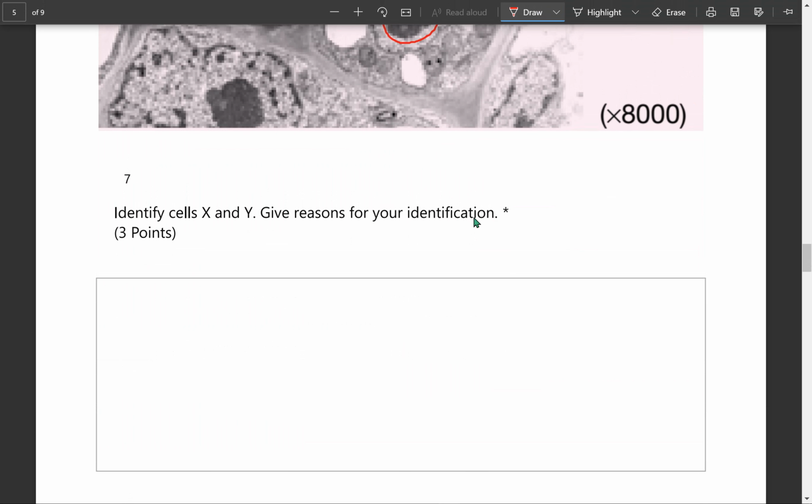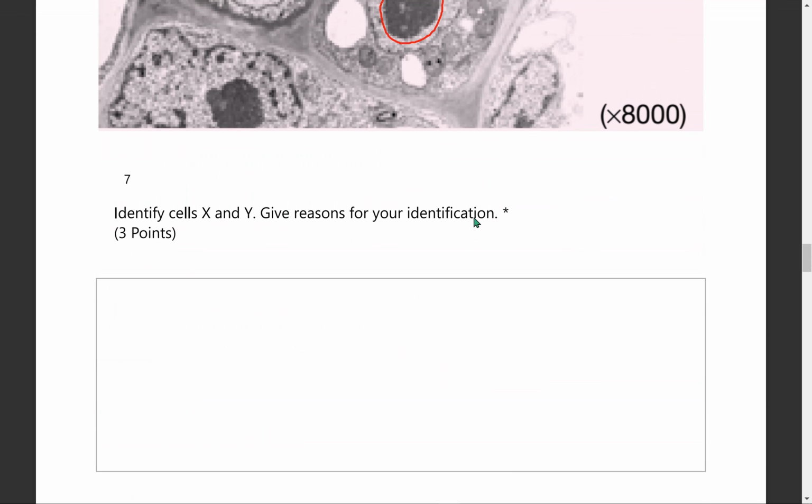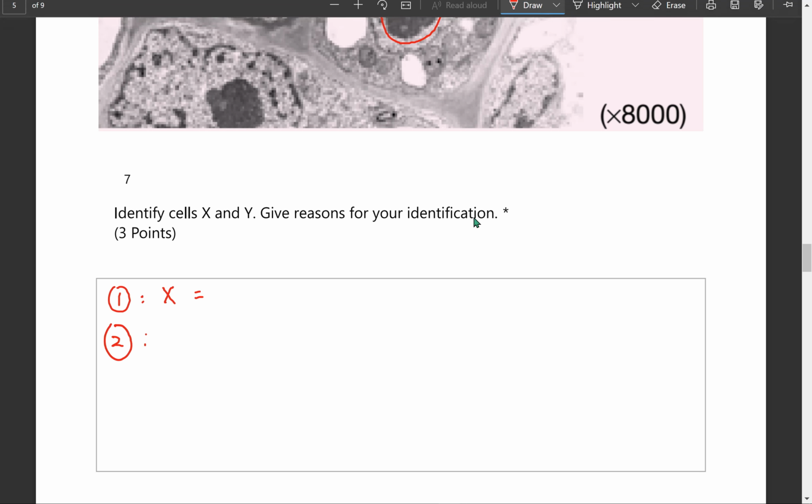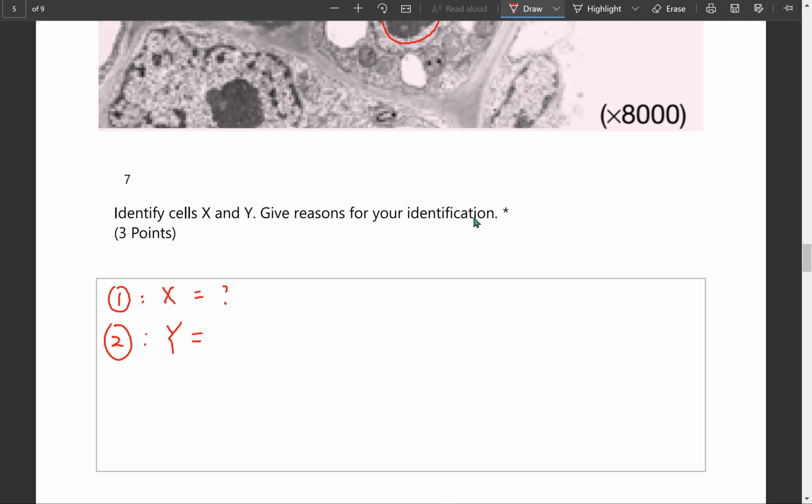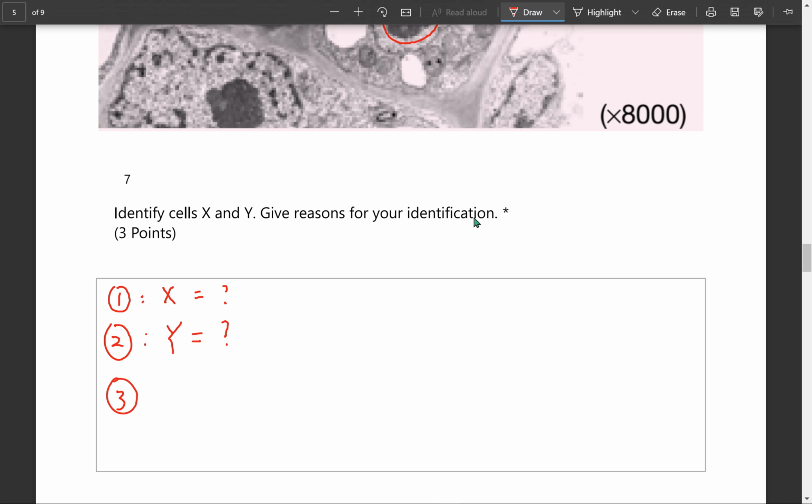Question 7: identify X and Y. Give reasons for your identifications. 3 marks. The first mark will be what X is. The second mark will be what Y is. The third mark will be the reasons. What's the difference?